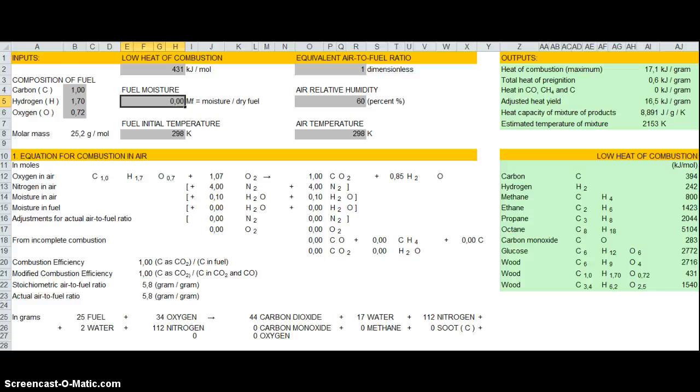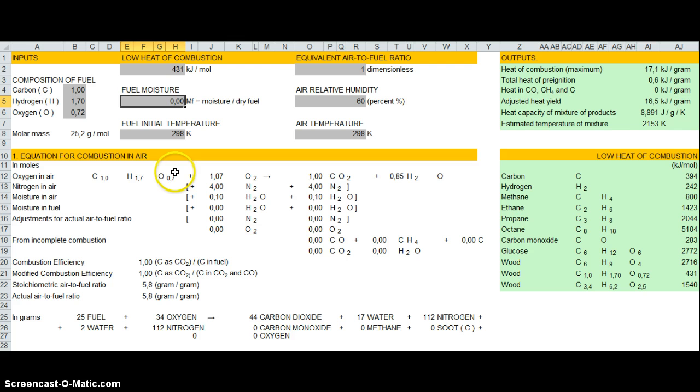You can express heat of combustion in different ways. Here, in this spreadsheet, you have the equation for combustion in air of wood as expressed by this chemical composition and this low heat of combustion as it was given in literature.